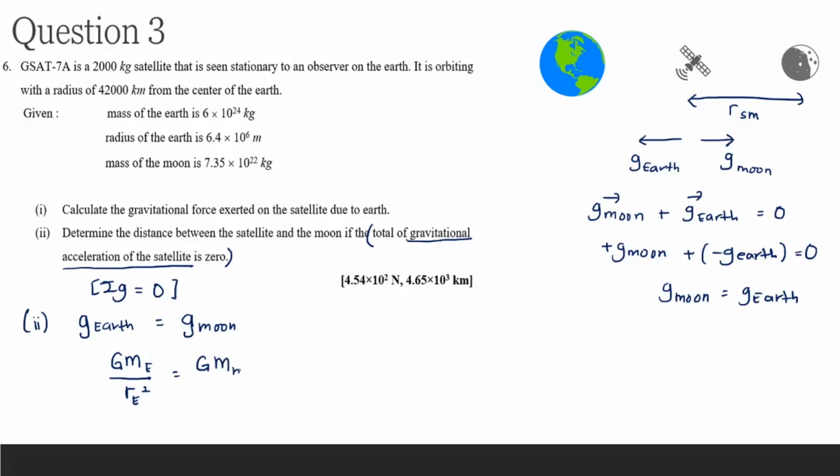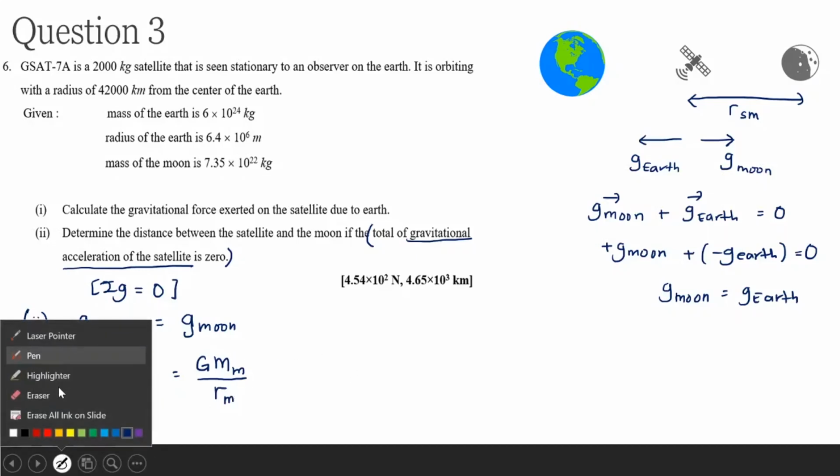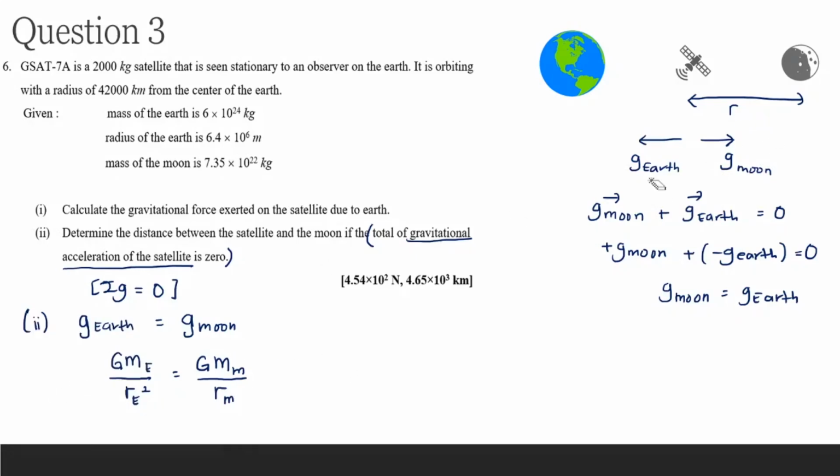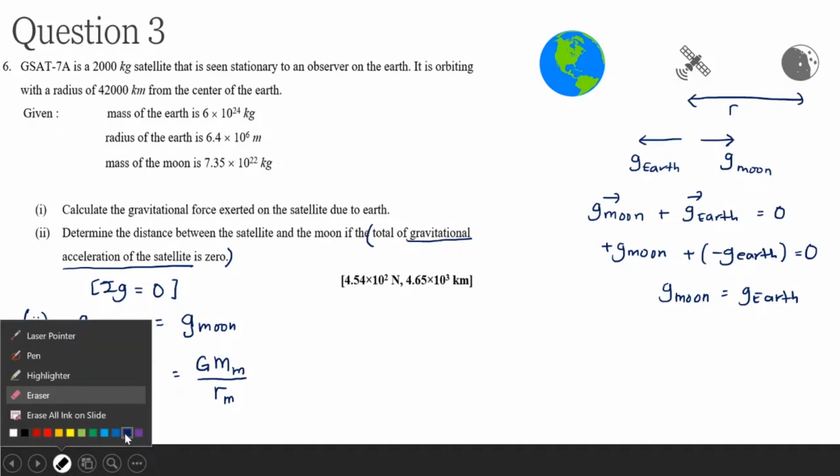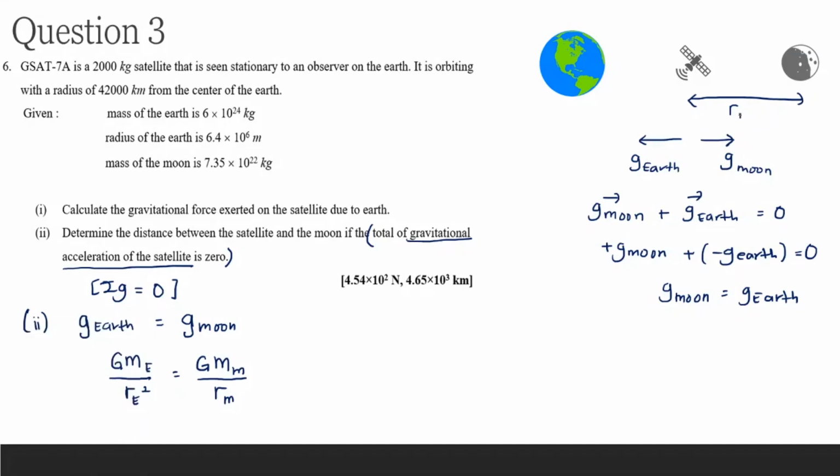Mass Moon, M_M, divided by R_M squared. Okay, mungkin kita boleh betulkan di sini. Saya akan panggil dia R_M to make this simpler. Distance daripada Earth pergi satelit kita panggil R_E. Distance daripada Moon pergi satelit kita panggil R_M.